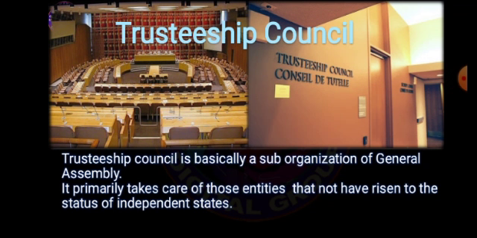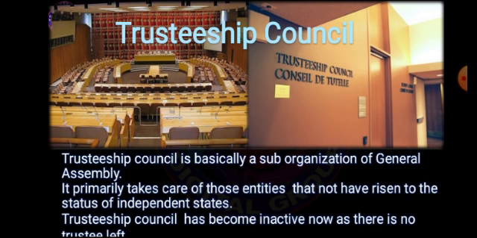It was established in the year 1945 itself, and under Article 13 of the UNO Charter, it is provided a proper identification. This Trusteeship Council was abolished or closed in the year 1994, when all the trust territories had attained self-government or independence.